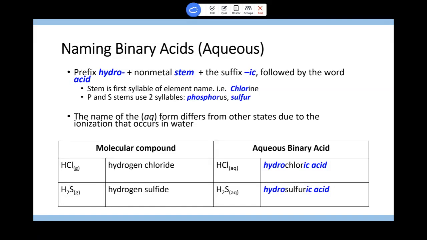For most atoms, we just use the first syllable of the element name, so chlorine, we use chlor. But for phosphorus and sulfur, we use two syllables. So here we have hydrosulfuric acid, and phosphorus, if it was H3P, would be hydrophosphoric acid. So that's for binary compounds.